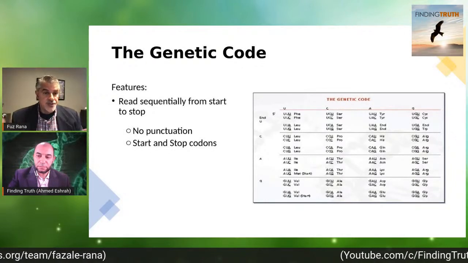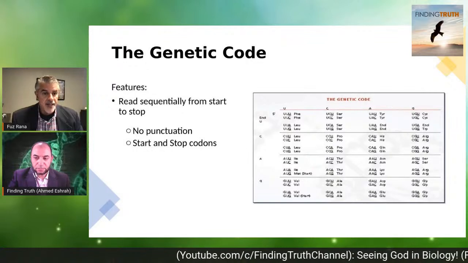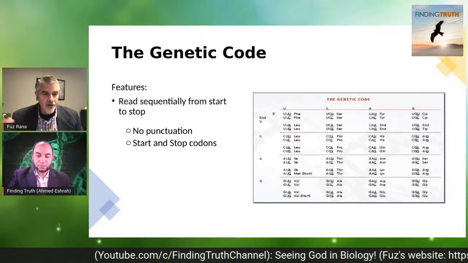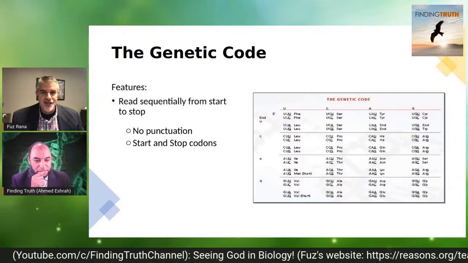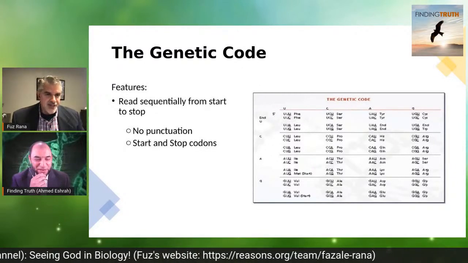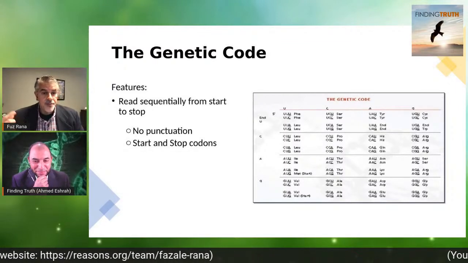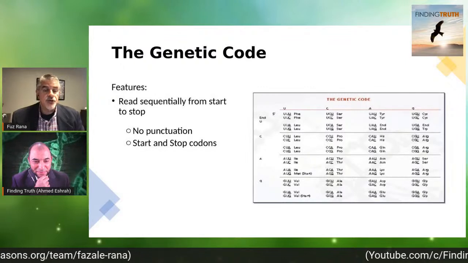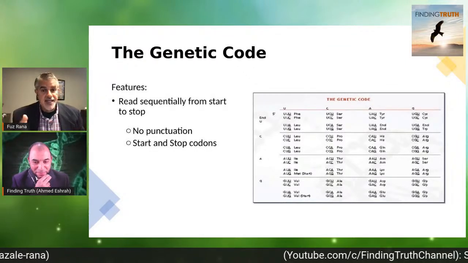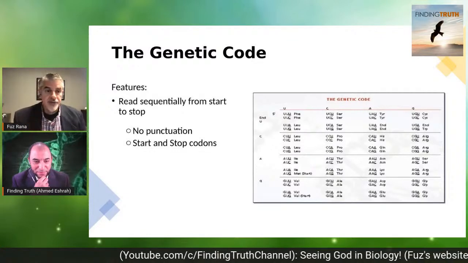And the start sequence is much more important than the stop codon, because the RNA is eventually going to run off the ribosome. It's going to finish anyway. Yeah, exactly. So the stop codon isn't as important, but the start codon is absolutely critical in terms of getting the precise positioning of the RNA molecule on the ribosome.